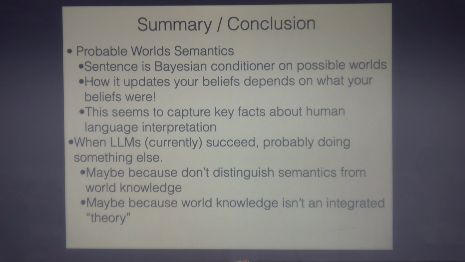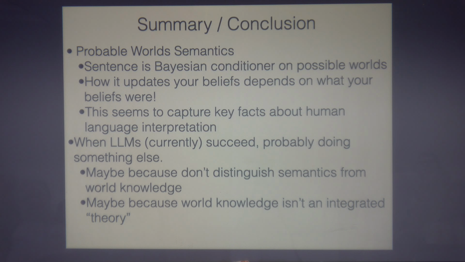I think that's really interesting, right? Because it means that there seems to be a way of getting pretty far in language understanding that is probably different from what we're doing, and I think it illustrates the power of probable world semantics as the basis of a communication system.